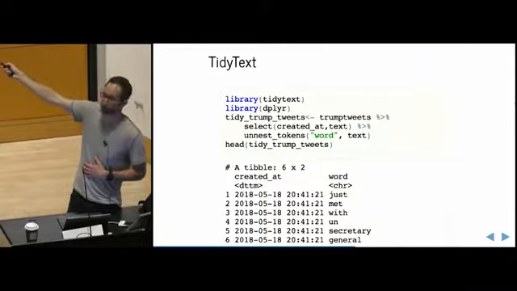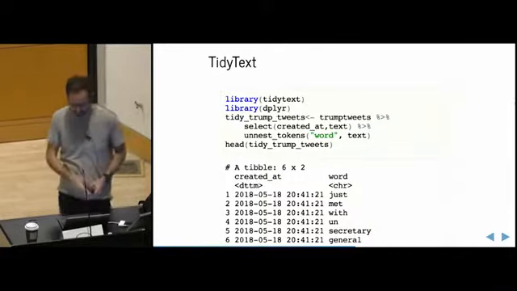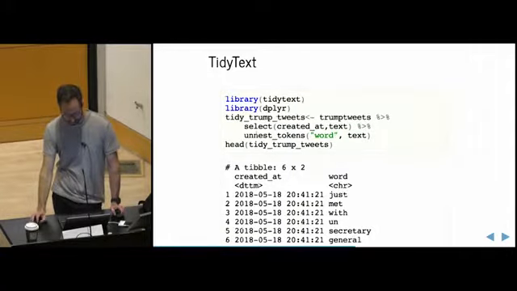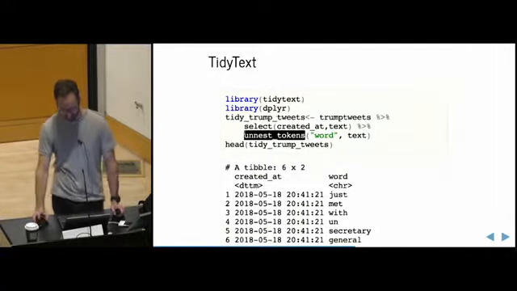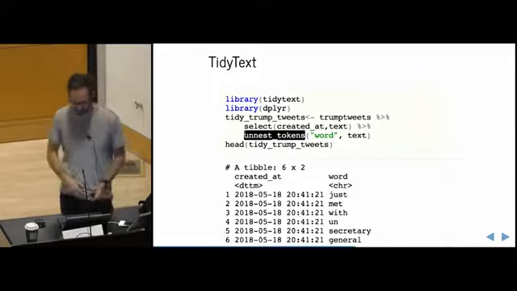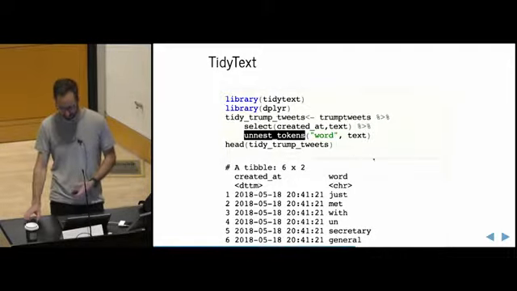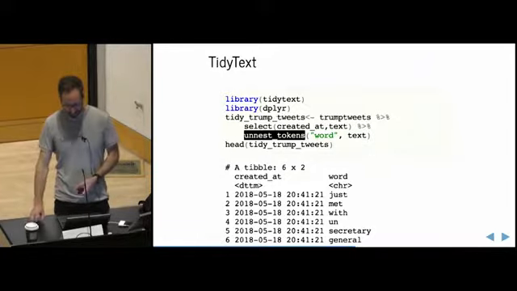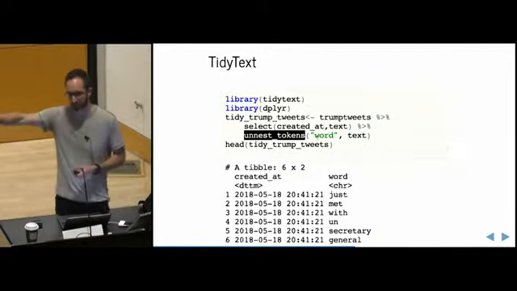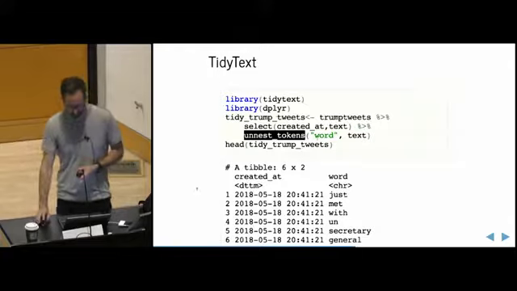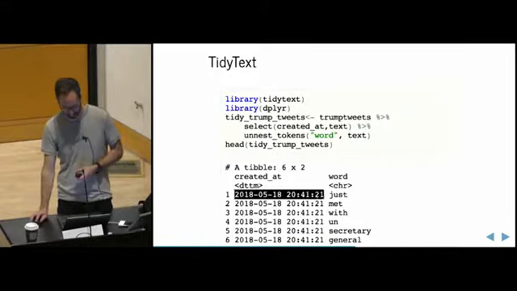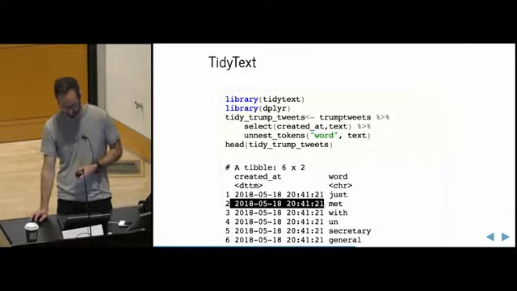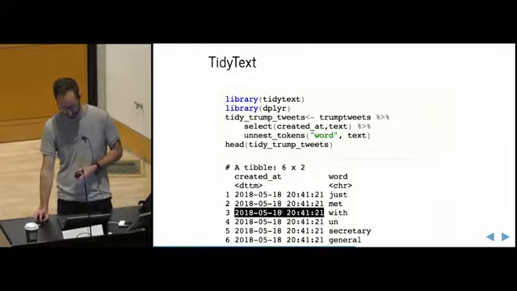And this is the workhorse function of the TidyText package, unnest tokens. What this is doing is taking a really long tweet, like the first one in our database, just met with UN Secretary General Gutierrez, and instead of representing it as one long character string for each tweet with each timestamp, you can see these first 6 lines of the TidyText data all have the same timestamp.